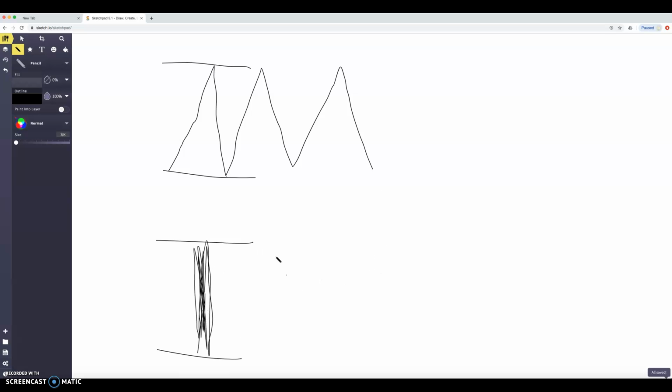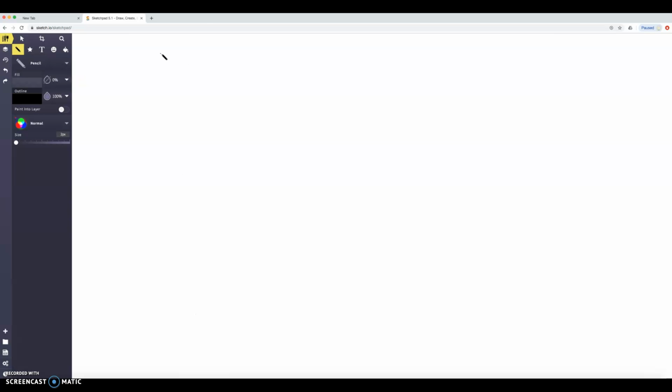Let's start over. So, mirrors. This distance right here doesn't really matter. But it takes the laser 1 second to get from the top to the bottom or the bottom to the top.